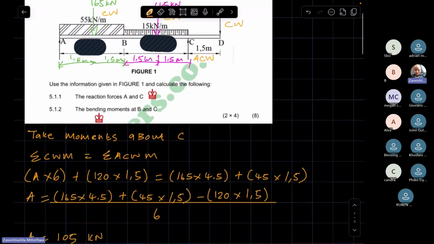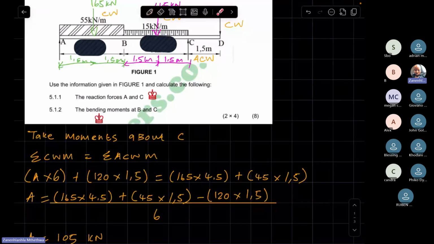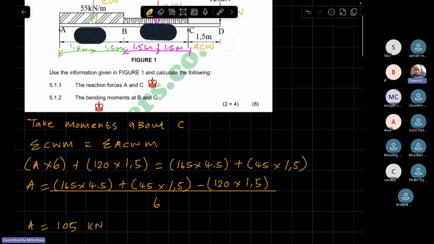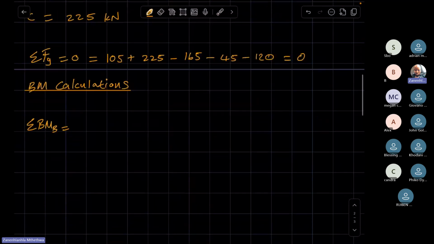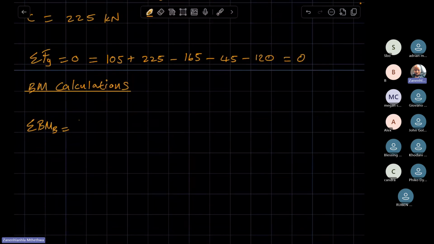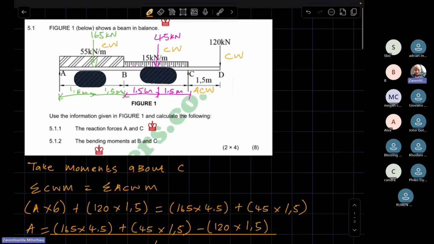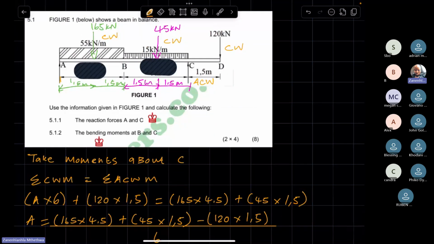All right. So we have the reaction at A as well as the 165. The reaction at A is going up, so it's positive 105. So this is 105 times the distance between the reaction and the critical point we're looking at, which is 3 meters.